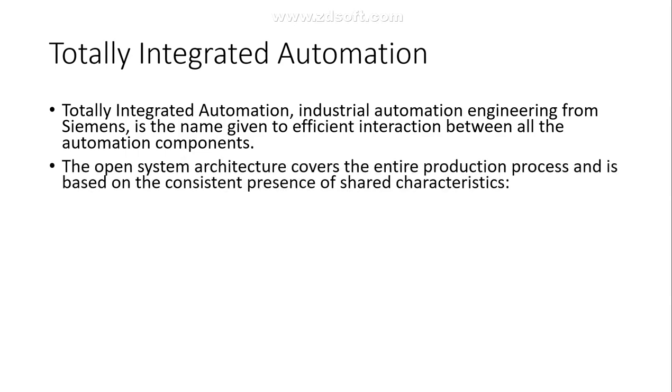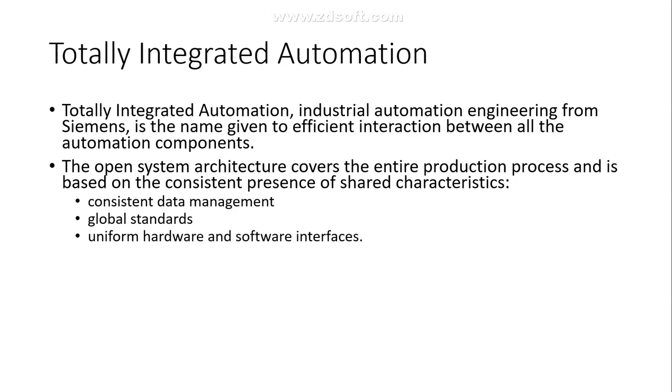Open system architecture covers the entire production process and is based on the consistent presence of shared characteristics. Let's see what characteristics it has: consistent data management, global standards, and uniform hardware and software interfaces. So from the beginning to the end, your business organization is totally integrated.